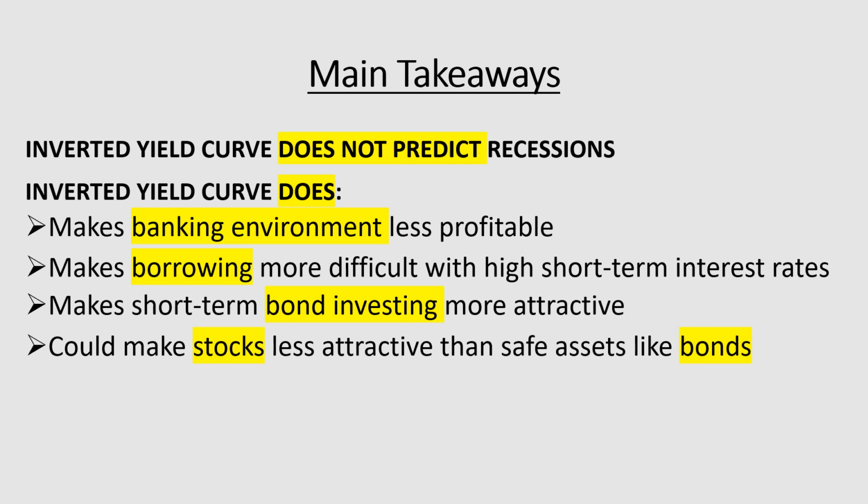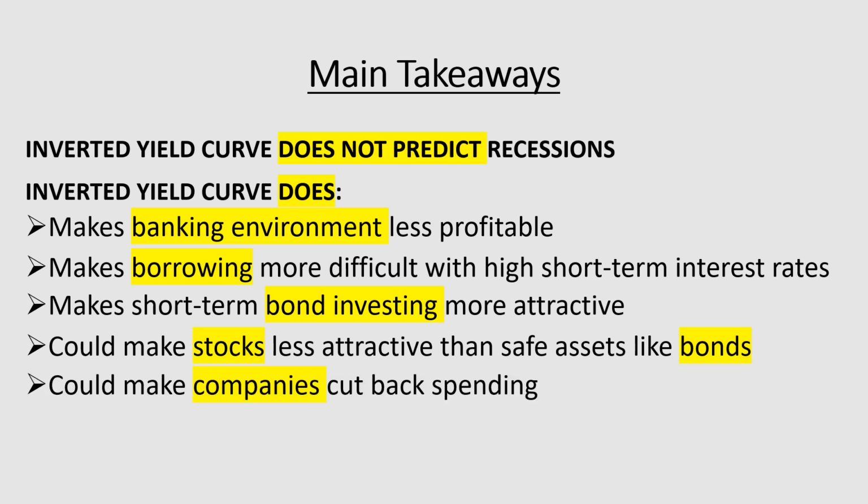It could make stocks less attractive than safe assets like bonds. And it could make companies cut back on their spending. Undoubtedly, these conditions can make the economy fragile, but do not guarantee that a recession will happen with 100% certainty.